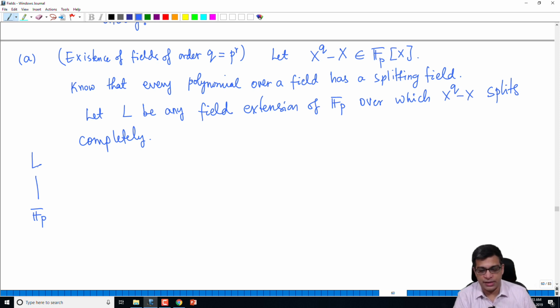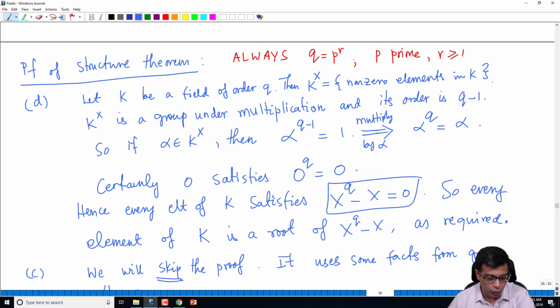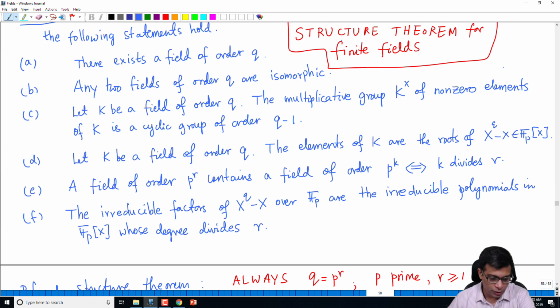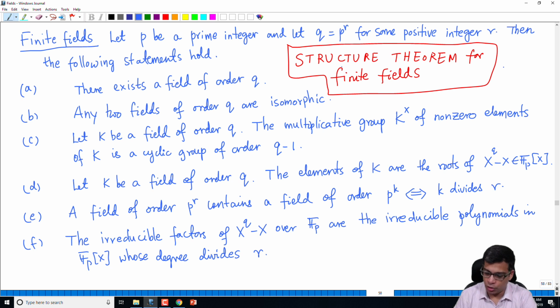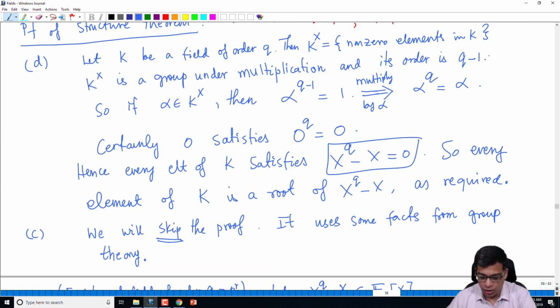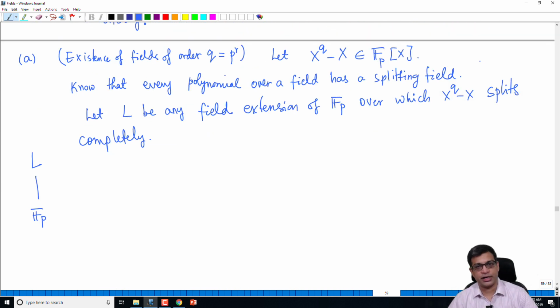What we want is to just look at the roots of this. Remember part D that I have already proved: any field of order q that we are now trying to show exists is going to be exactly the roots of x power q minus x. What I have now done is I have constructed a big field where x power q minus x splits completely.